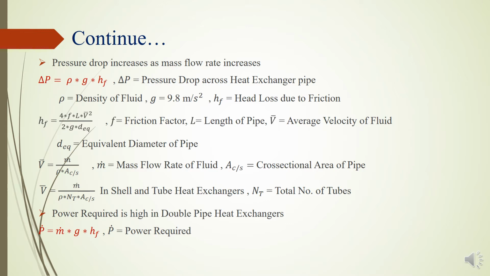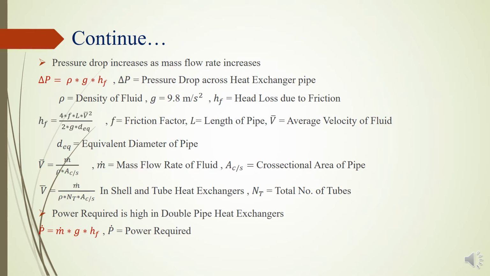If we want a higher heat transfer coefficient or higher mass flow rate in double pipe heat exchangers, the area ultimately has to increase, so we don't use DPHE in industries. If we want to increase the heat transfer coefficient, we have to increase the pumping cost, and that's why we have to install a pump of high mechanical efficiency. This leads to an increase in pumping cost in industries, which is not economical.